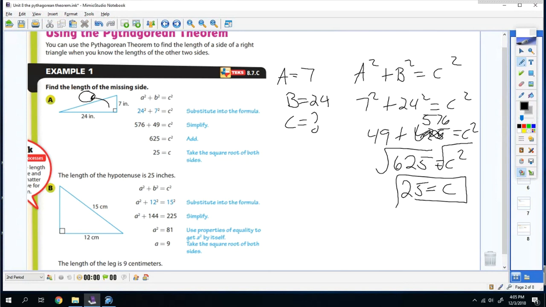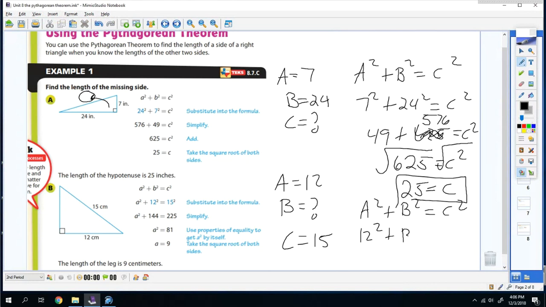So let's do B. I know A is 12. I don't know what B is. I know C is 15. So A squared plus B squared equals C squared. A is 12, B I don't know, and C is 15.